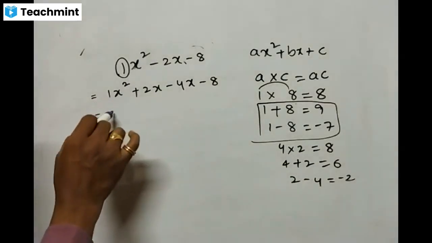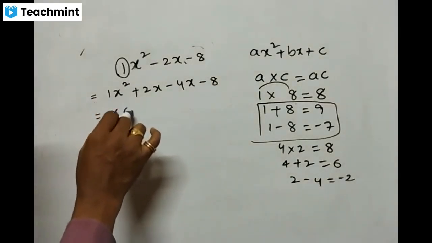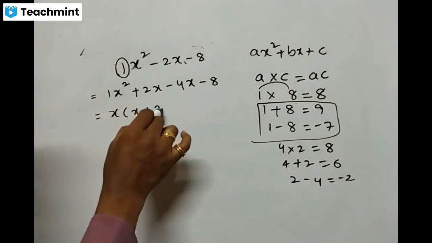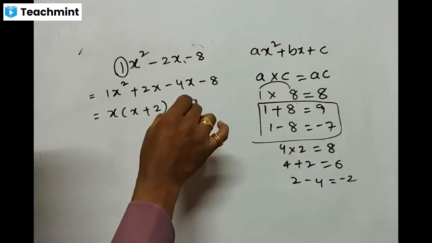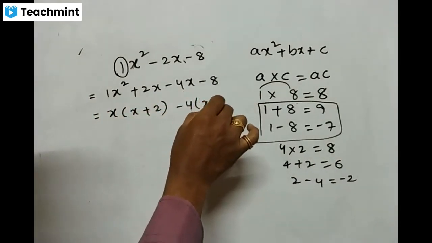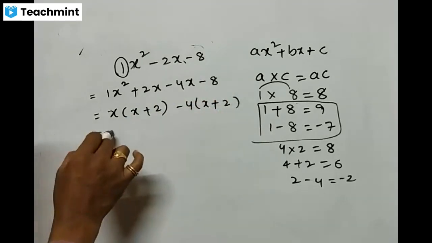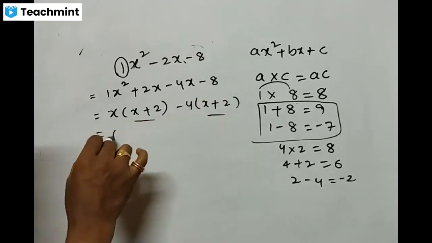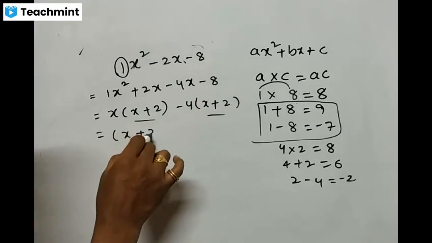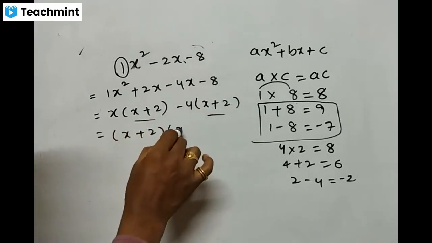In these two you take x common: x plus 2. In these two, minus 4 common: x plus 2. x plus 2 is the common thing, and the remaining is x minus 4.